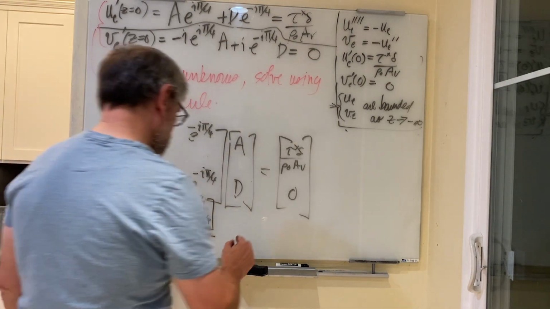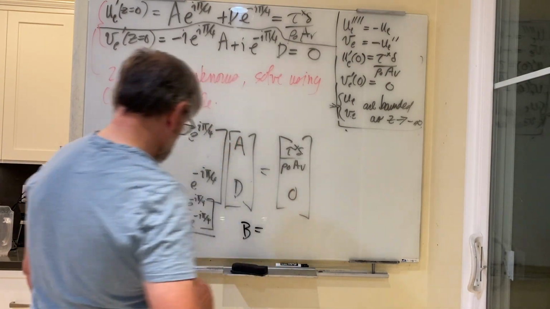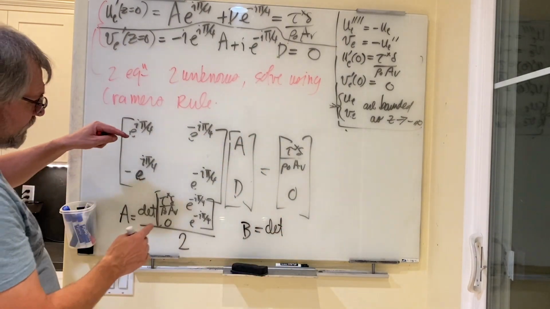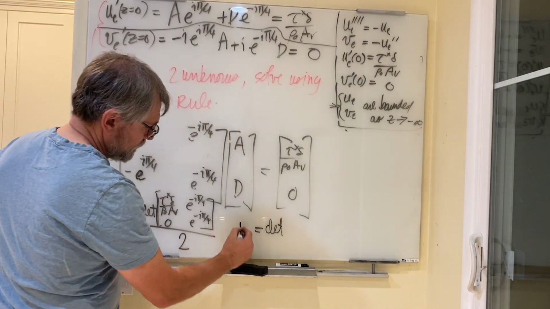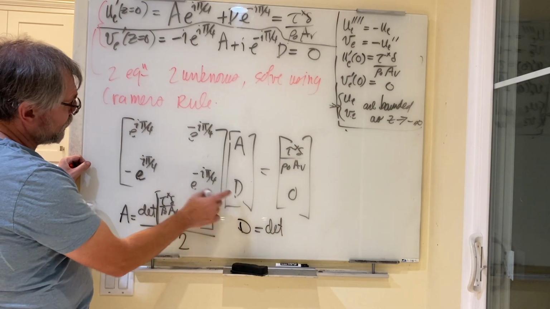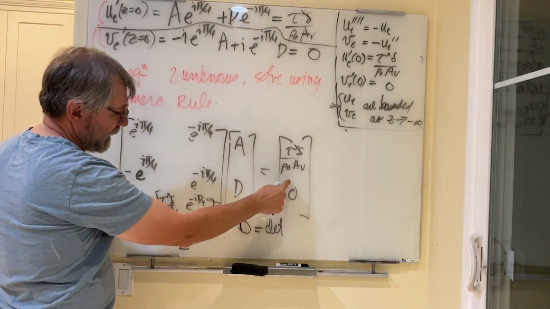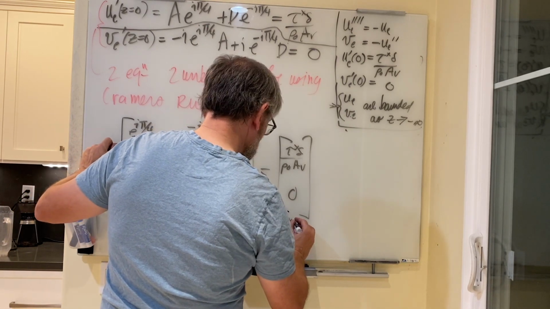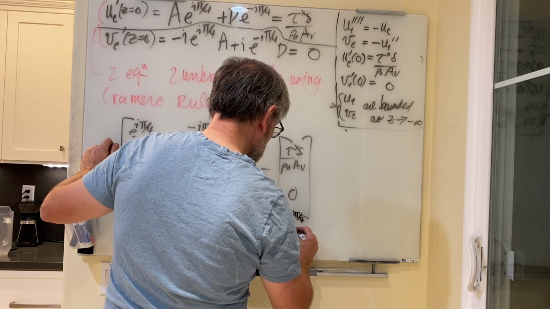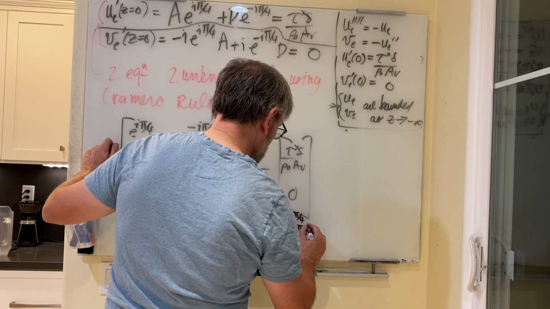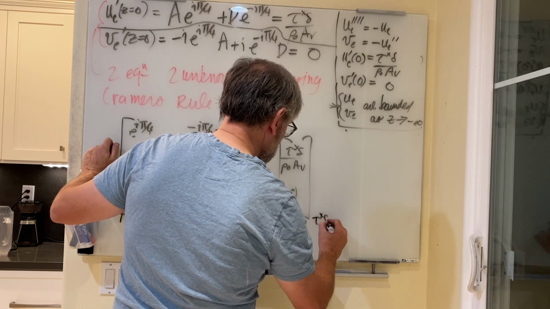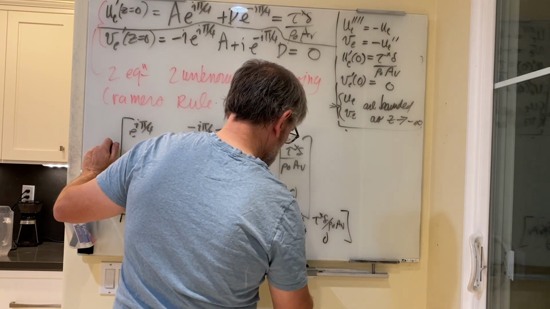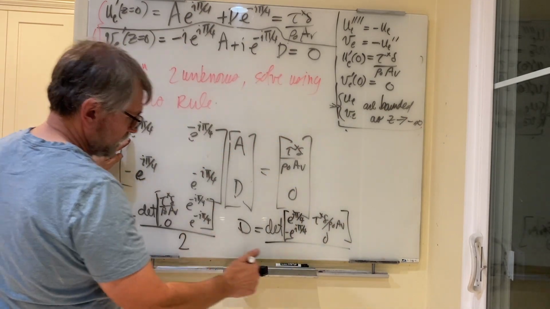And then D is of the same form. It's going to be the determinant, and this time, since I'm solving for the second component, I replace the second column by the right-hand side. So I get e to the i pi by 4, minus e to the i pi by 4, tau x delta over rho naught AV, 0, all over the determinant of this thing, which again is 2.